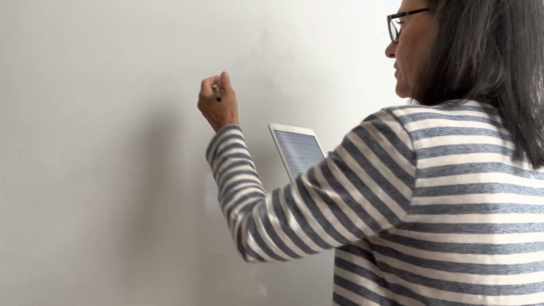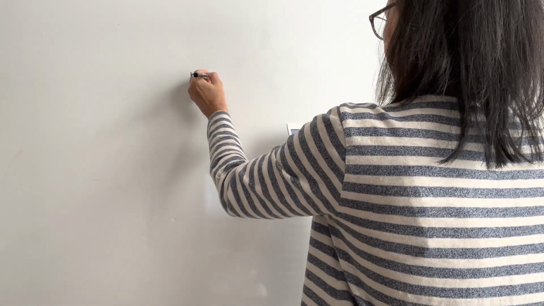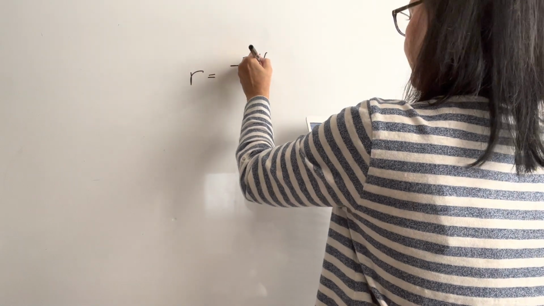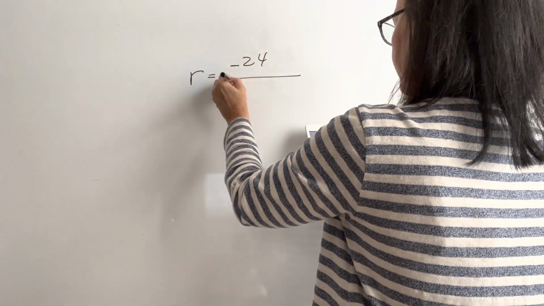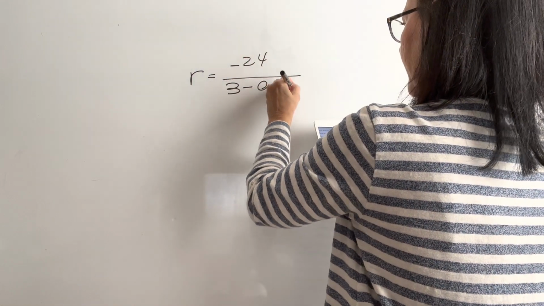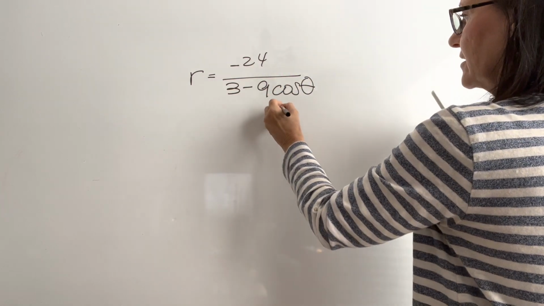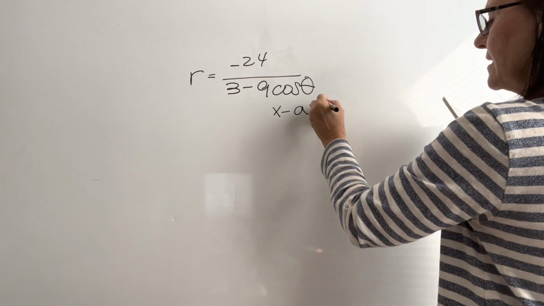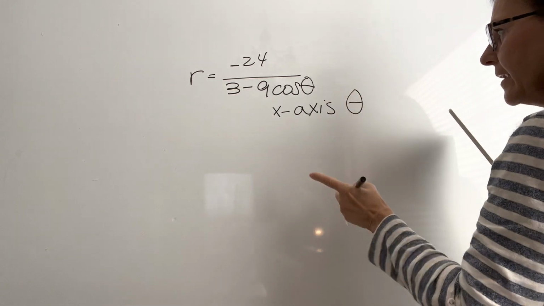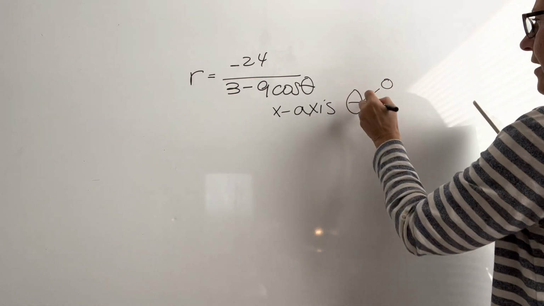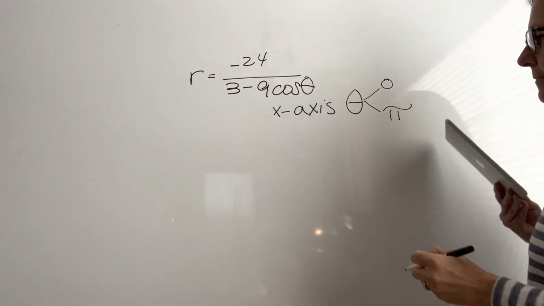67. Sketch a graph of the equation. So 67 is r equals negative 24 over 3 minus 9 cosine theta. Okay, so it's on the x axis. So when I look at theta, I'm going to look at 0 and I'm going to look at pi.